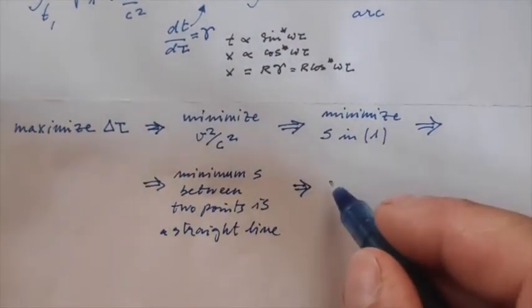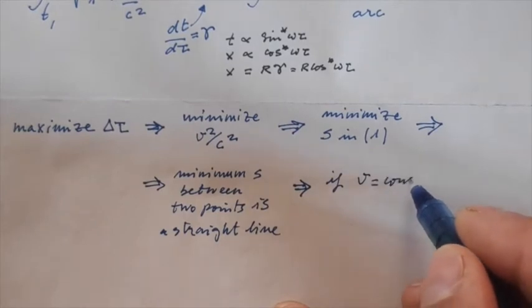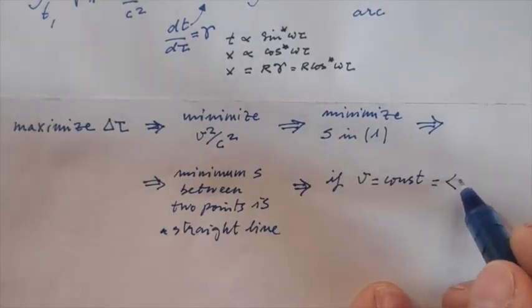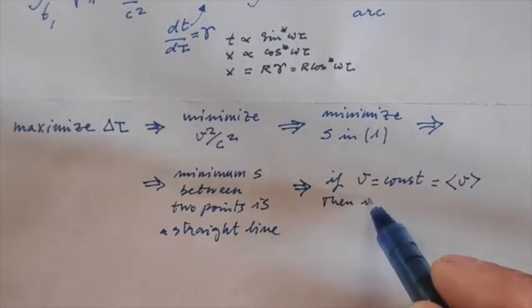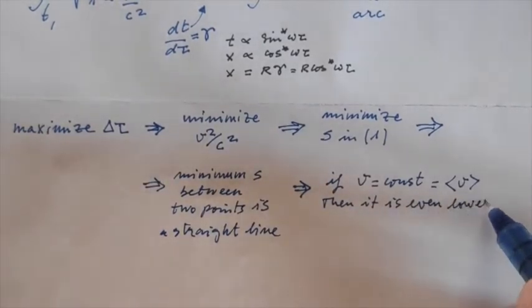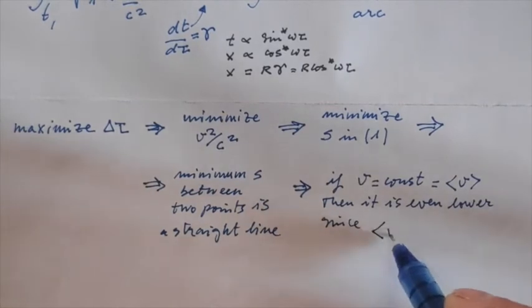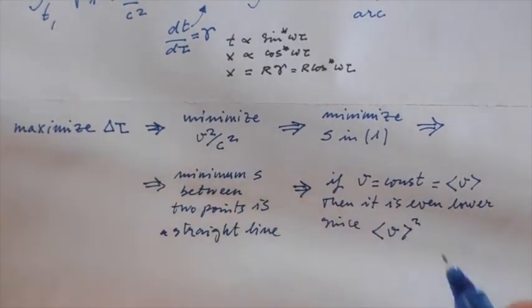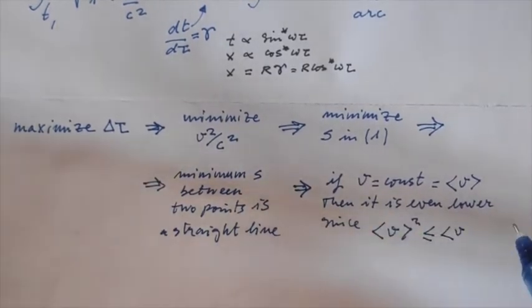On the other hand, to travel from one point to another in a straight line at a given amount of time, a constant velocity will always make the term v squared be lower than a velocity that varies around its average value, since the square of an average value is always lower than the average of the squared value itself.